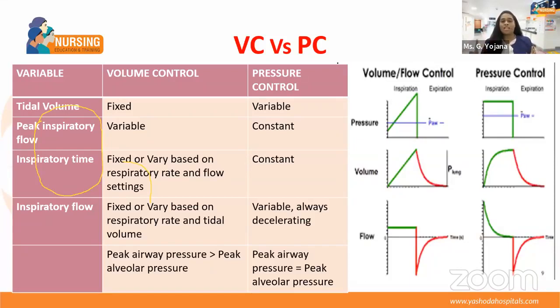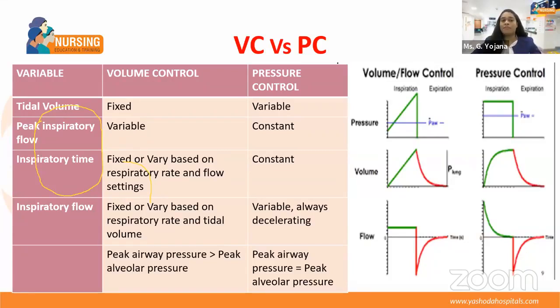Depending upon the patient's condition, the doctors will choose whether the patient requires volume control or pressure control in the modes. To know the difference, in volume control always remember the tidal volume will be fixed, and inspiratory time and inspiratory flow will be fixed and vary depending upon the respiratory rate and the flow setting of the patient.